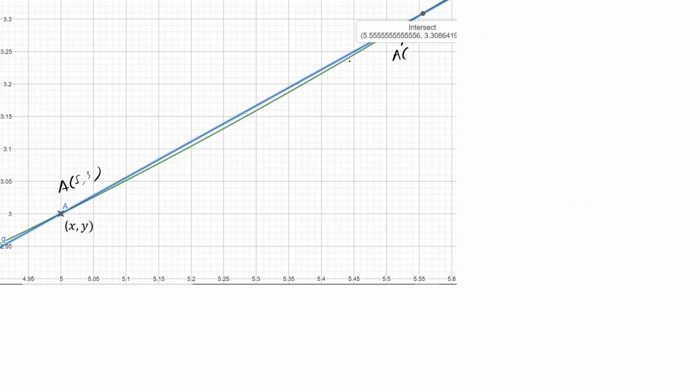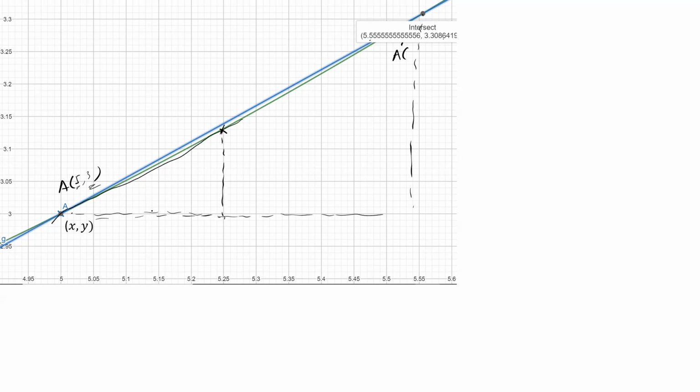So how do I find the gradient? I would take y2 minus y1 over x2 minus x1, correct? But this is still 2 points, so this gradient here is not accurate. So I will fine tune it and get something nearer. Still it passes 2 points, so it will be a new y over a new x.